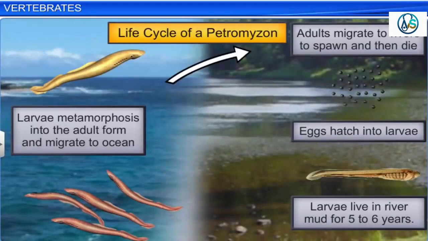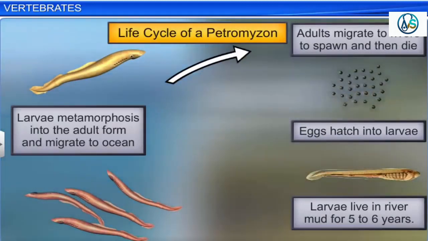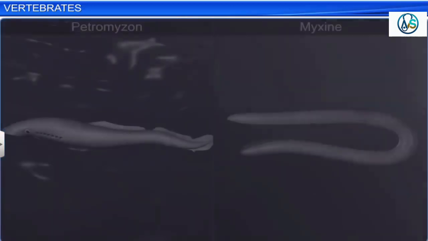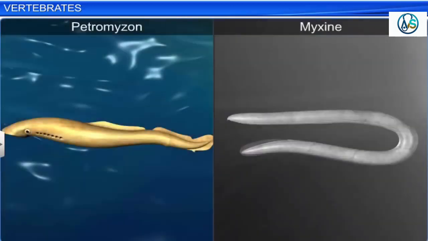The life cycle of cyclostomes is unique. They migrate to fresh water to spawn and die within a few days, leaving their larvae, which, after metamorphosis, return to the ocean. Petromyzon and myxine are examples of cyclostomes.